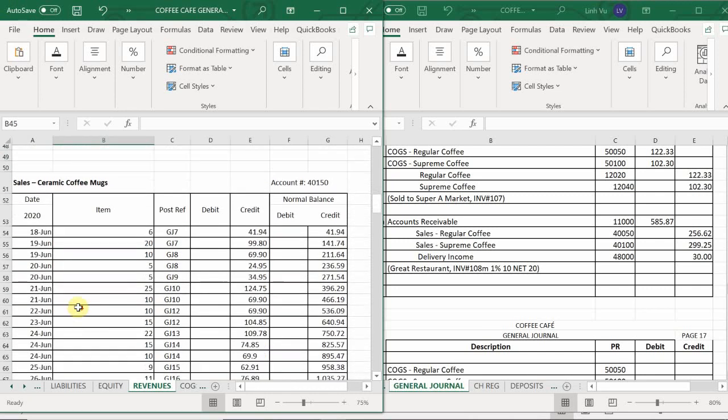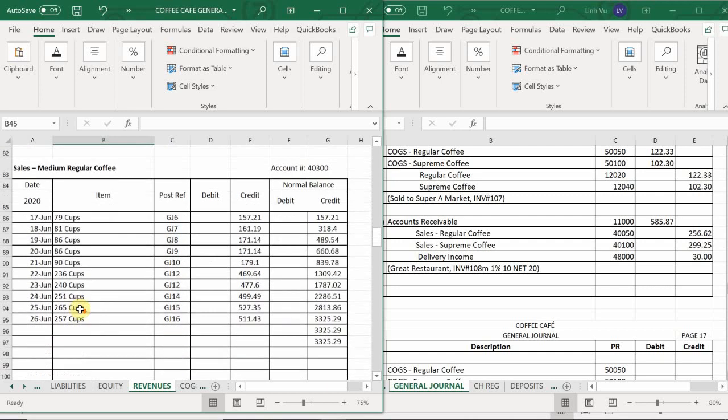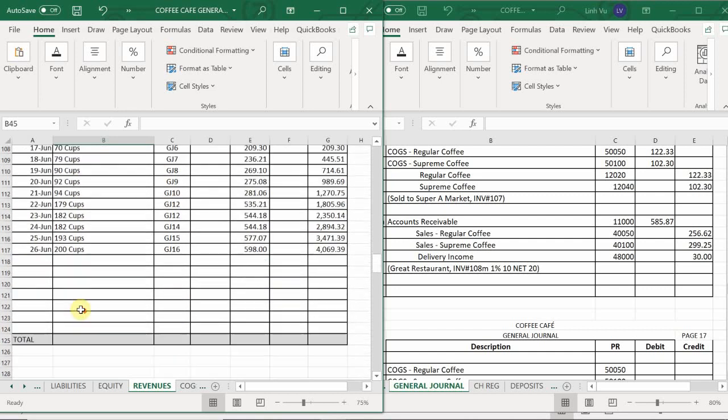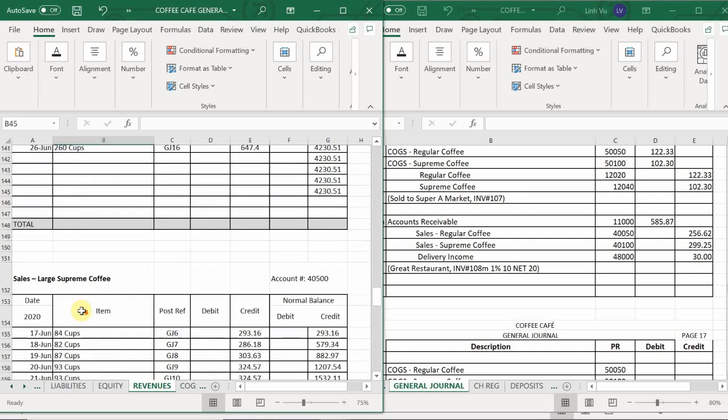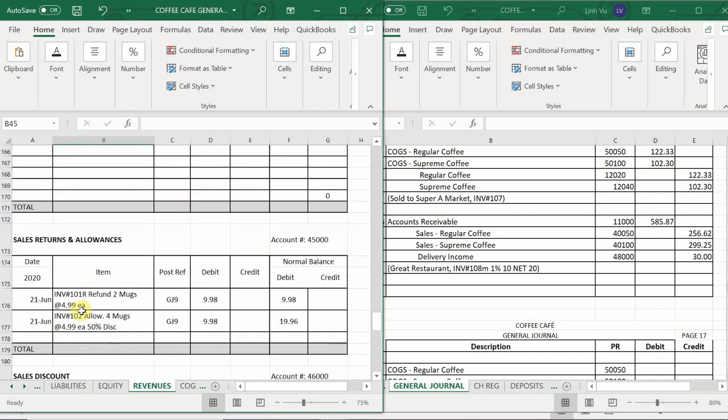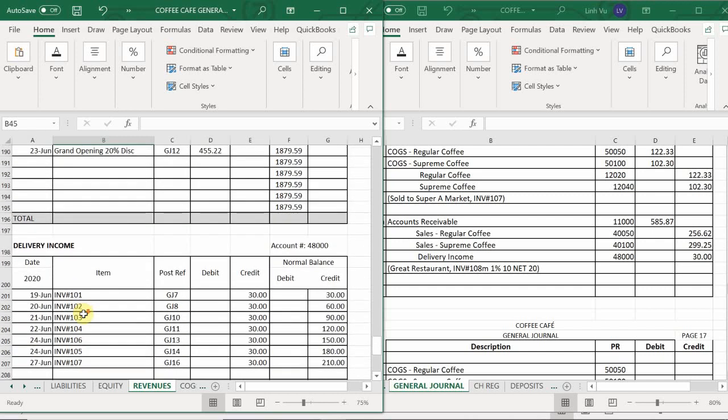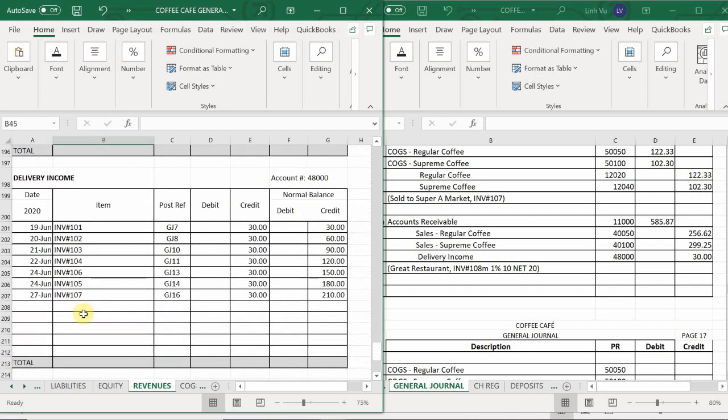Then last but not least, we have our delivery income. Okay, delivery income. And the 27th, invoice number 108, for General Journal 16, for $30.